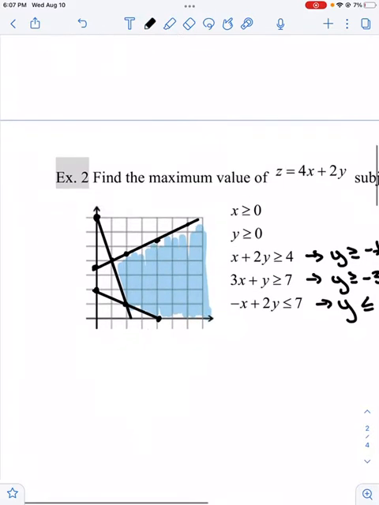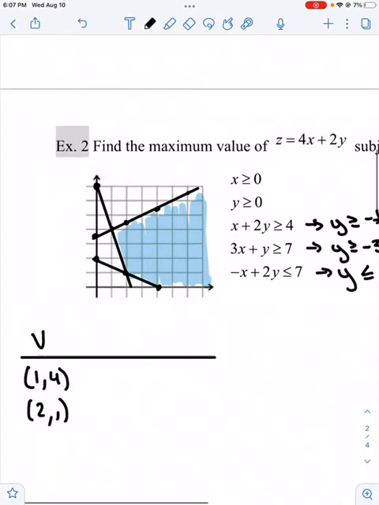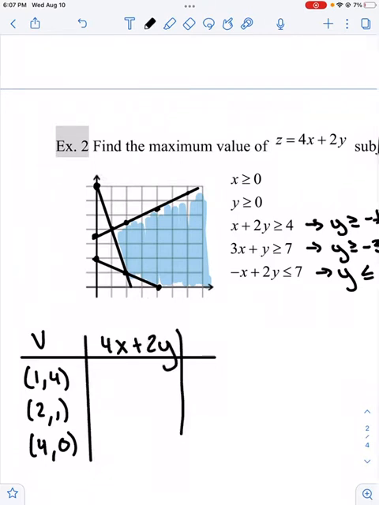Okay, and the vertices that we can see that make up that figure are 1, 4, 2, 1, and 4, 0. So we're going to plug those into the objective function, which is 4x plus 2y, to get the max.